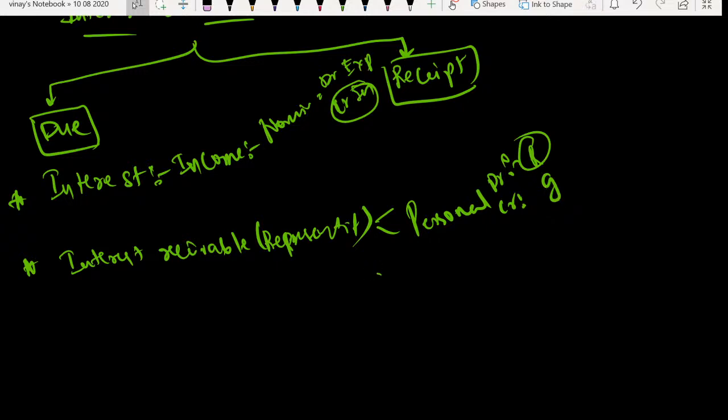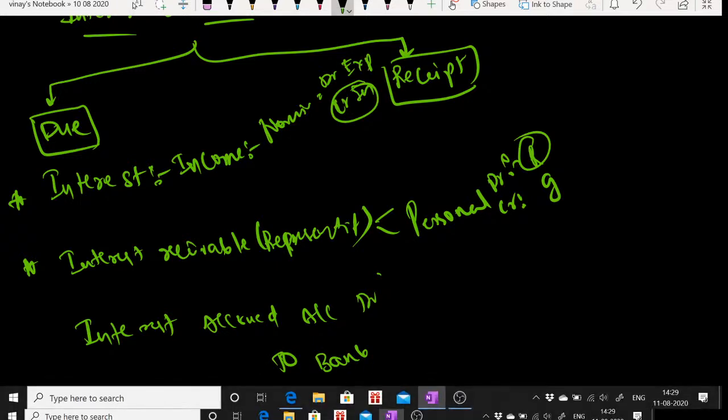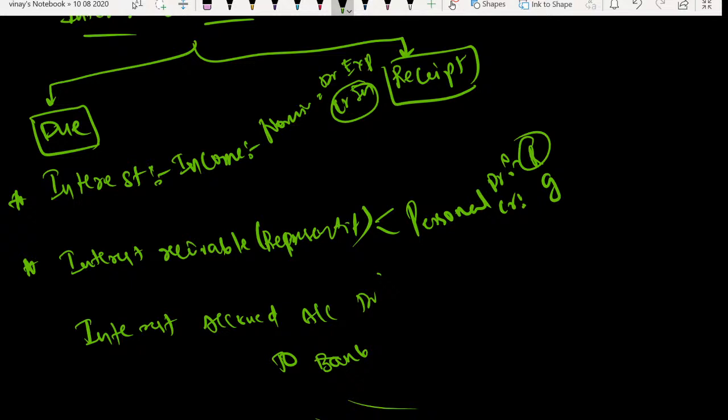So my entry will be interest accrued account debit to interest account.